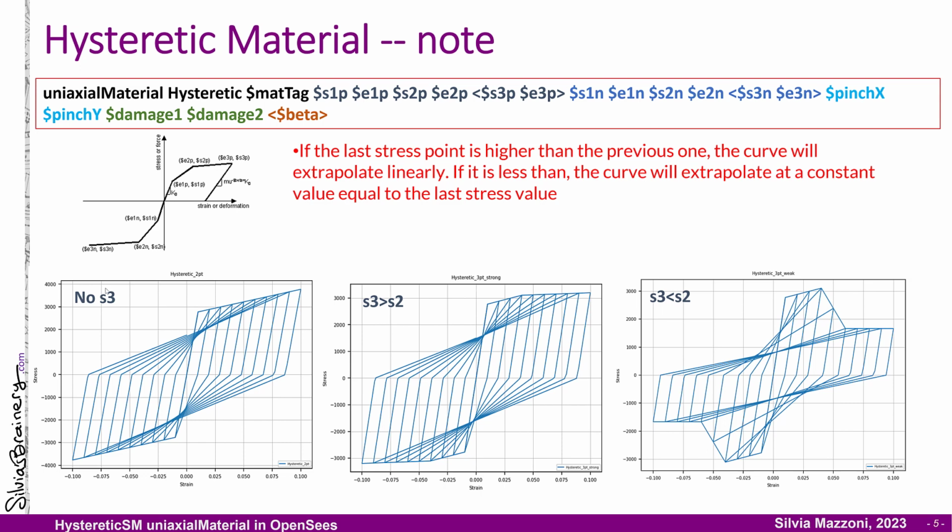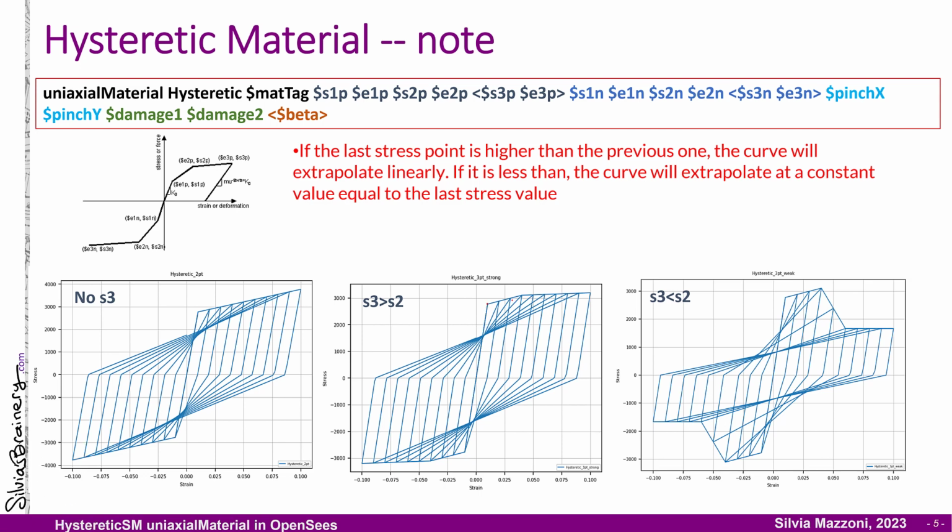So if you don't define S3, again, you get this bilinear response that is shown right here. On the other hand, if you define S3, it really depends on whether S3 is greater than S2 or less than S2. So it's pretty much whether the stiffness is going to change, and whether it is a positive stiffness or a negative stiffness. If S3 is greater than S2, then you have a positive stiffness.